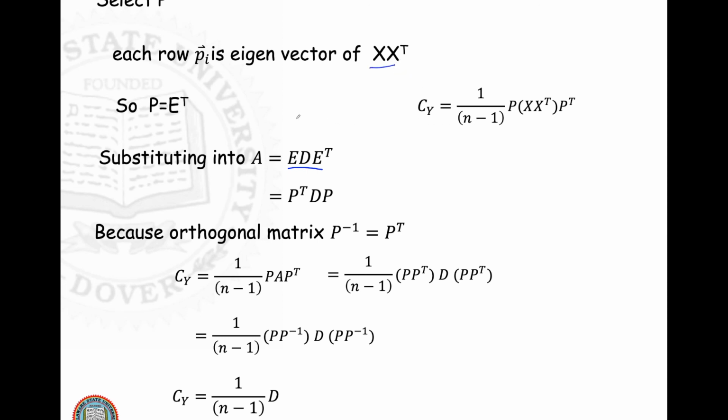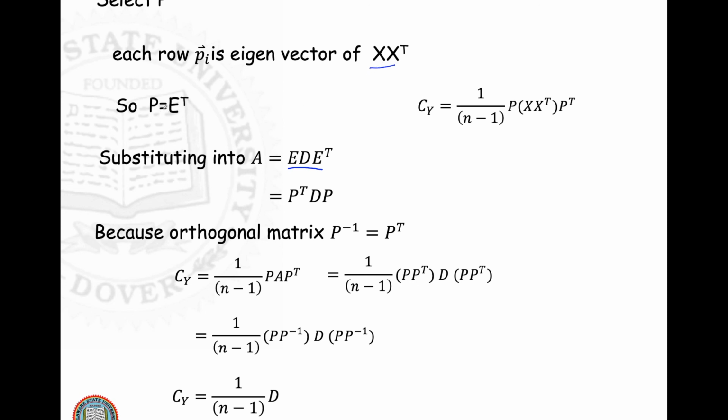Because remember, P is going to change the original basis. It's a linear combination of the basis vectors that give you your measurement data in this representation X. And if P is a linear combination, well, one such linear combination is arrived upon by eigenvectors. So let's assume that this P is an eigenvector of our original representation, the covariance XX transpose.